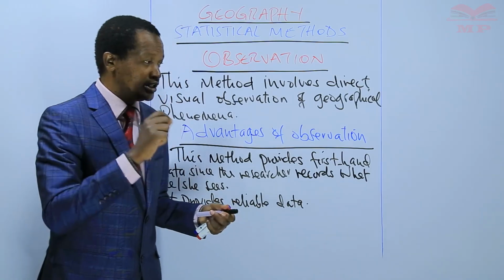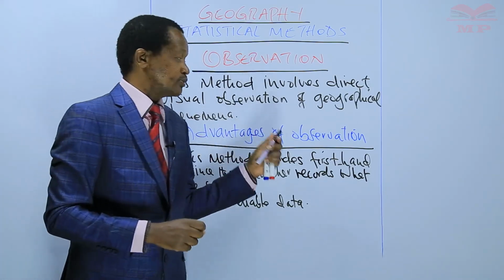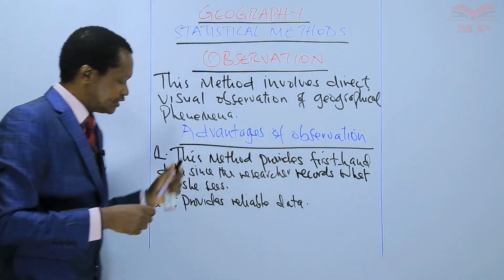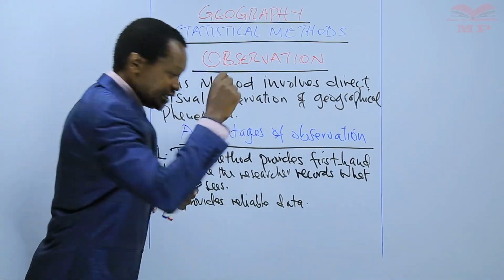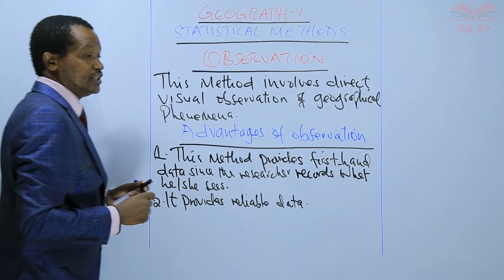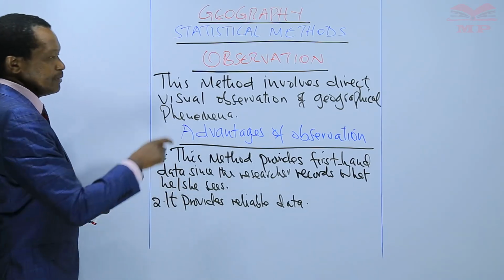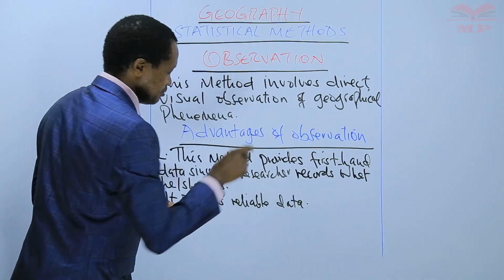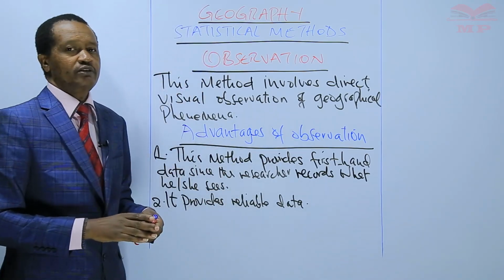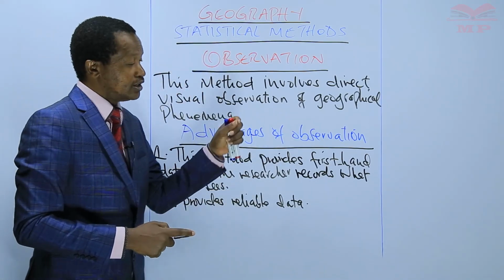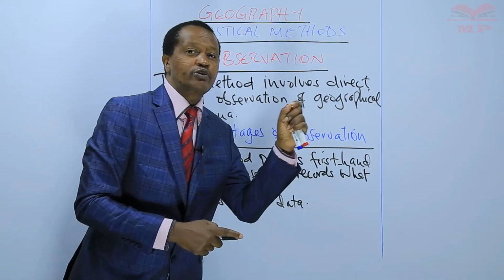He knows what he needs from this process of observing. So the information may be reliable because he will go for what he actually requires in his or her study. So the method becomes very reliable as compared to when you are relying on other people to provide the information.